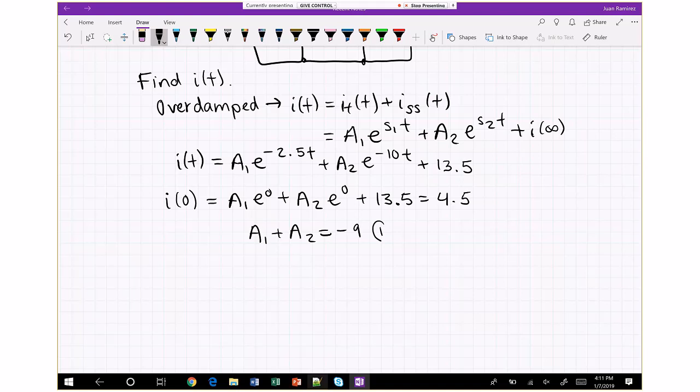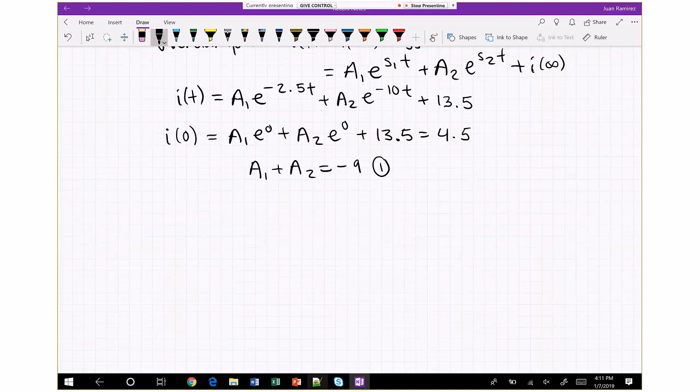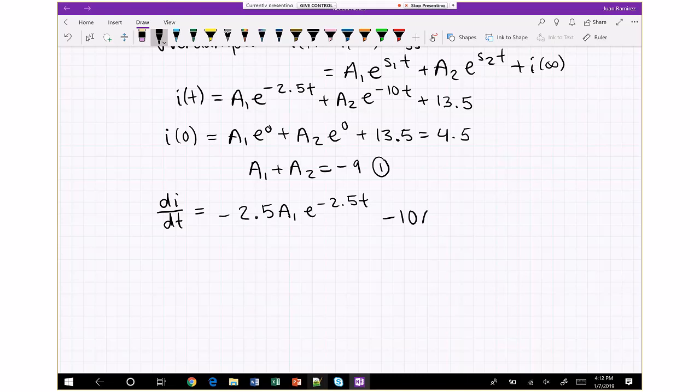For overdamped, the initial condition for inductor current and the initial condition for the rate of change of the inductor current will give us two equations in terms of A1 and A2, and we have to do a system of equations to solve. So what is the dI/dt? The dI/dt is negative 2.5 A1 e to the negative 2.5t minus 10 A2 e to the negative 10t, and then the final value derivative of that is 0, so it isn't included there.